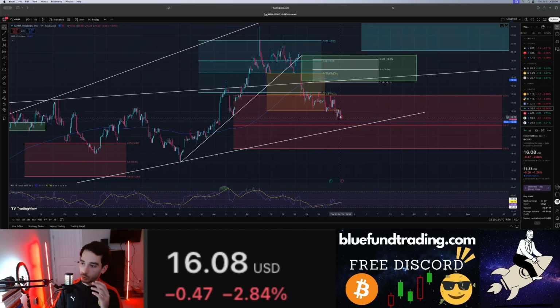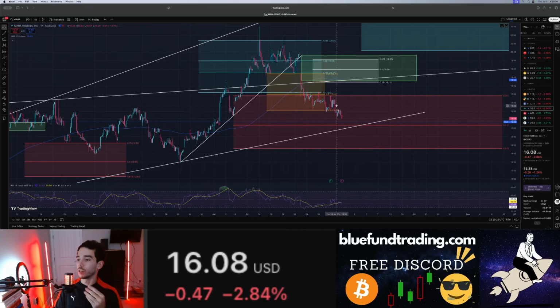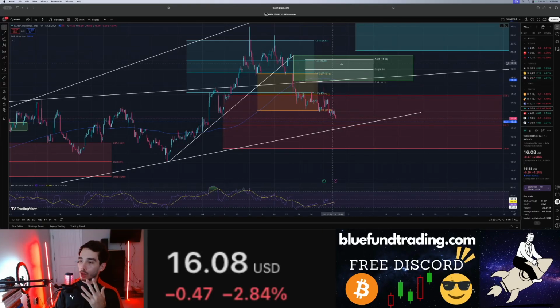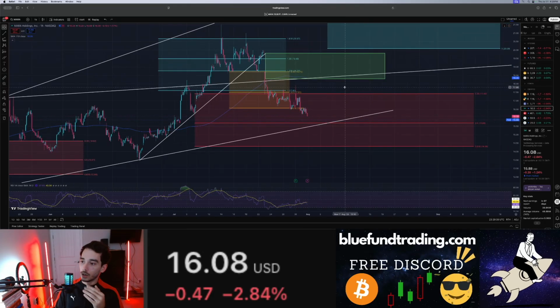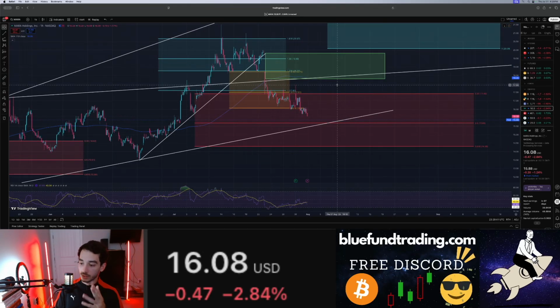But right now with Bitcoin, with Mara, I should say, we still have strong resistance up in this area. We did break below the 0.618 at basically $16.50, and I said I was going to remove the retracement area, and I'll reintroduce it later when it makes sense.